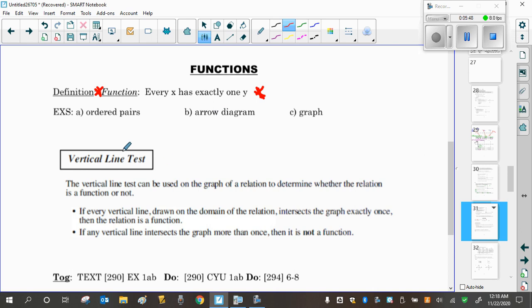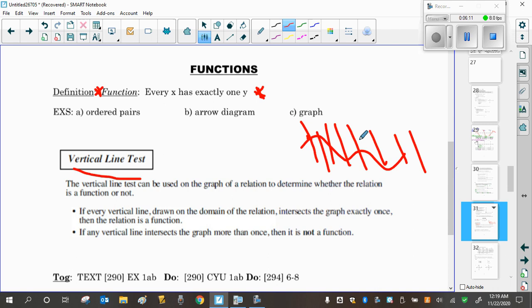And we're going to start with the vertical line test. And it's easier to show you this as opposed to tell you this. But if I was to tell you this, you draw vertical lines all over the graph, every possible vertical line. And if it only hits the graph once, it's a function.